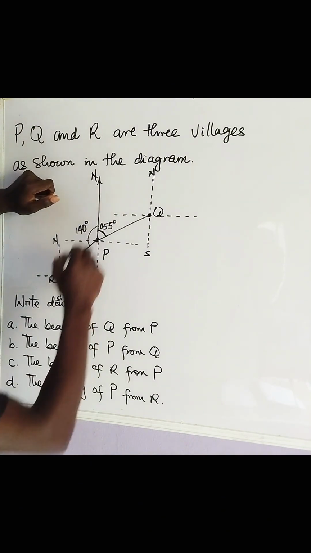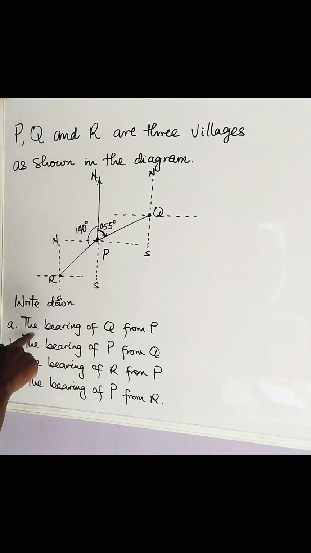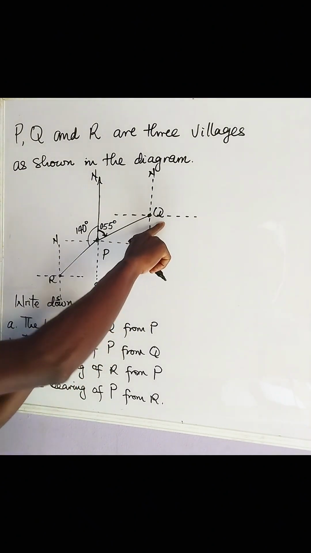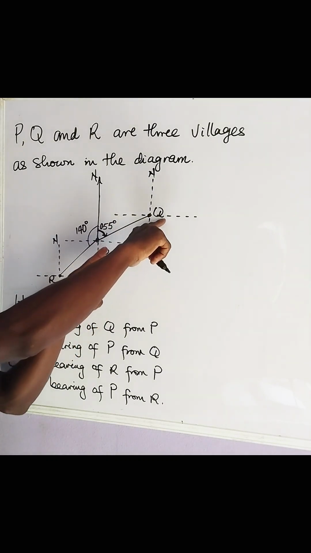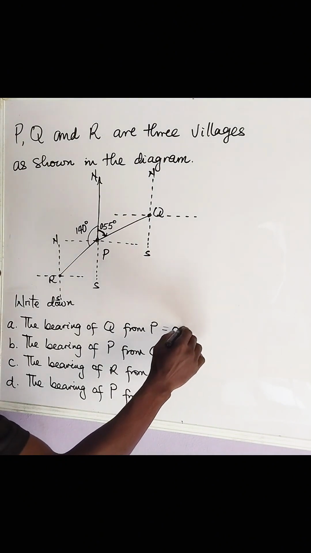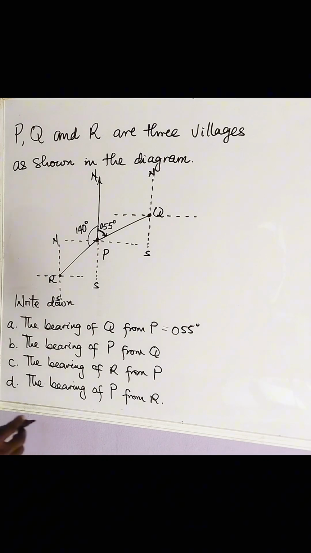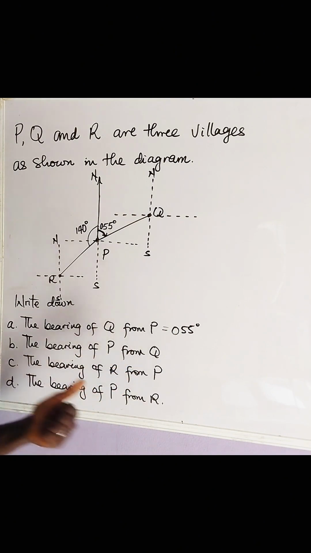Sorry, this one should have 0 here. You can see it's 055. So the bearing of Q from P, which means the angular distance that Q formed from P, is 055 degrees.